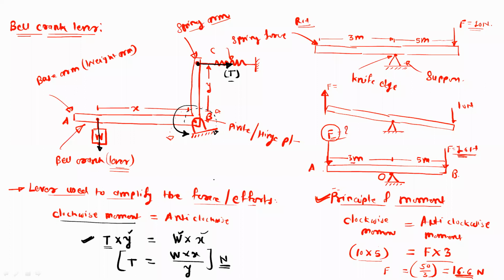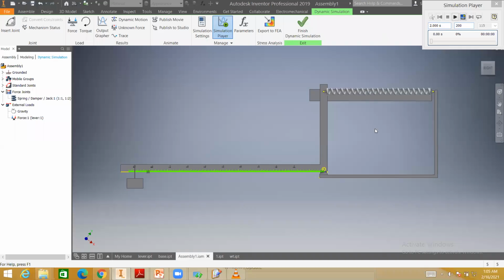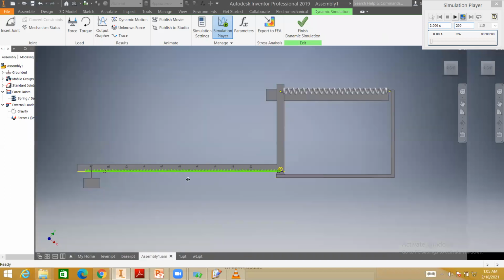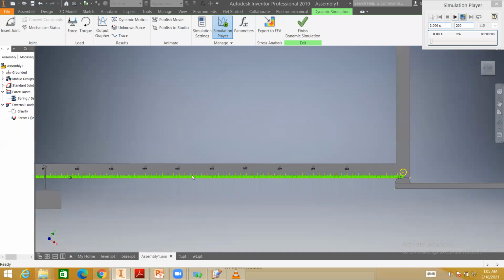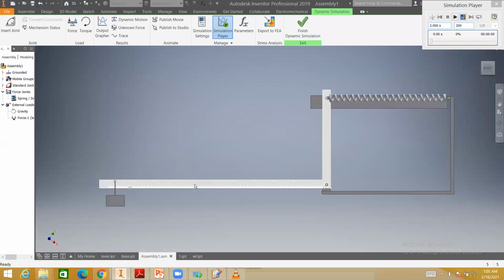So I will show the virtual apparatus so you can understand how the experiment will be conducted. Here you can observe, this is the virtual setup. This part is the bell crank lever, which is highlighted.